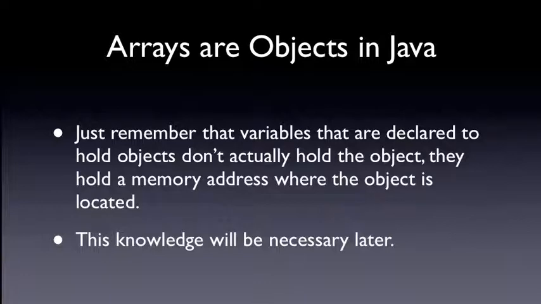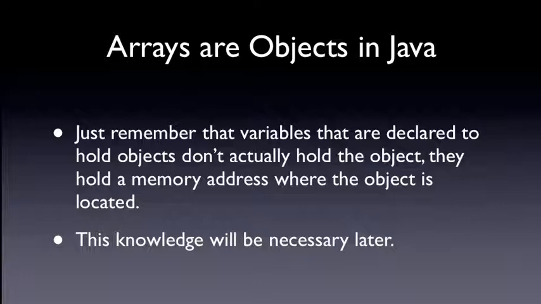One quick note is that in Java, arrays are objects. You'll want to put this in the back of your head for later. The real takeaway here is just to recall from the video lecture with the cups in it that variables that are declared to hold objects don't really hold the object, they just hold a memory address to where the object is located.